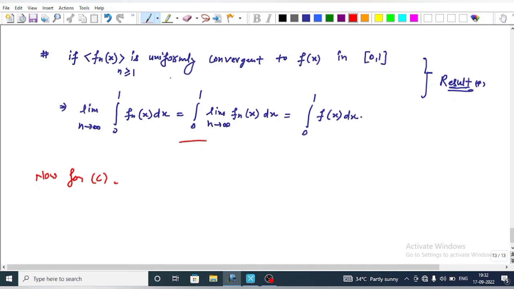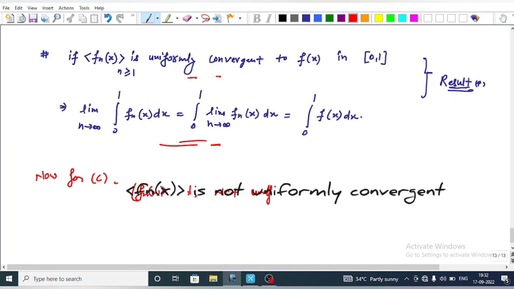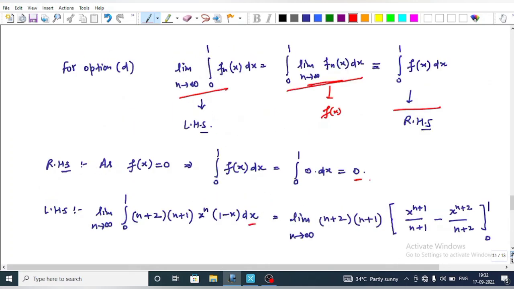If this sequence is uniformly convergent, this implies that this integral must be equal to this. But from the previous explanation, this integral is not equal to this. This implies that the fn sequence is not uniformly convergent.